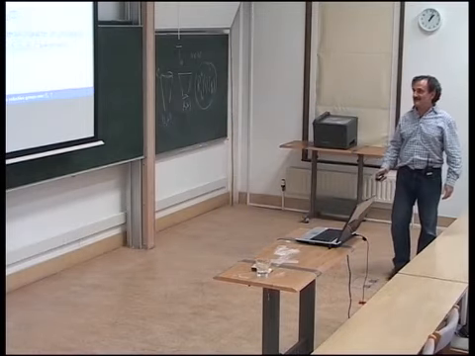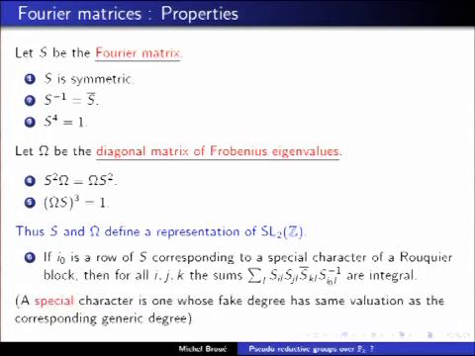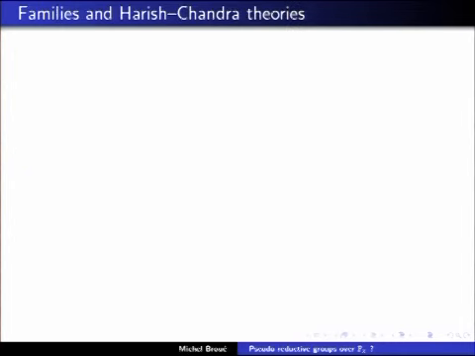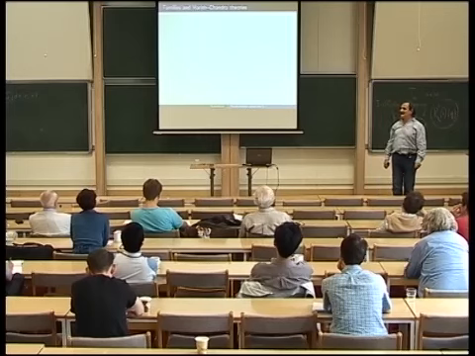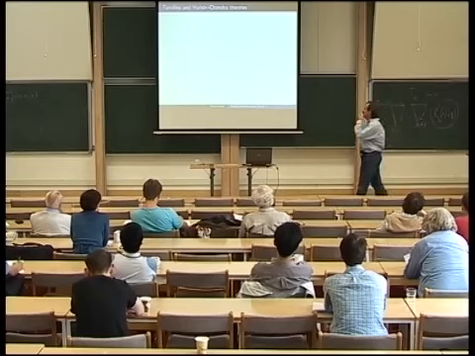And now, for those who know the fusion datum, if there are some people here at the Newton Institute, theoretical physicists who know the fusion data, this relation is exactly the kind of relation known with the fusion datum. Okay, never mind. Now, families and Harish-Chandra theories, and that would be my last chapter before giving the theorem.